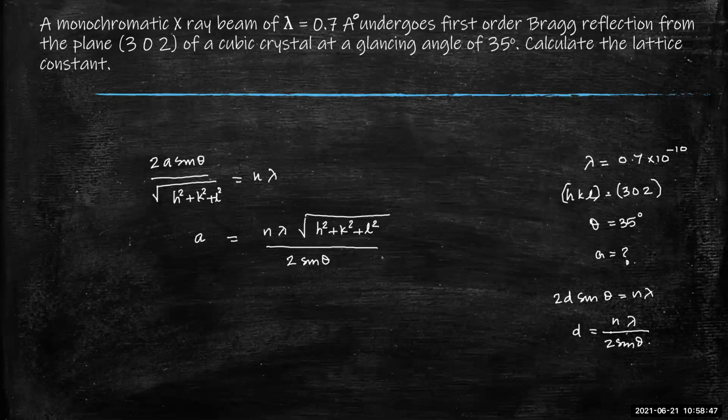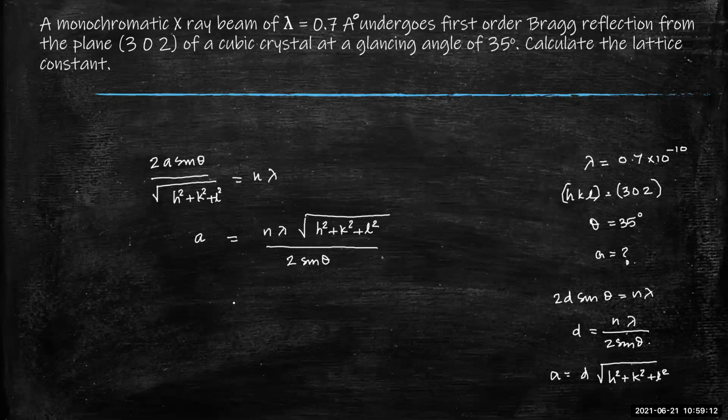First find d as n lambda divided by 2 sine theta, then multiply it by this quantity. a must be equal to d into root of h square plus k square plus l square.